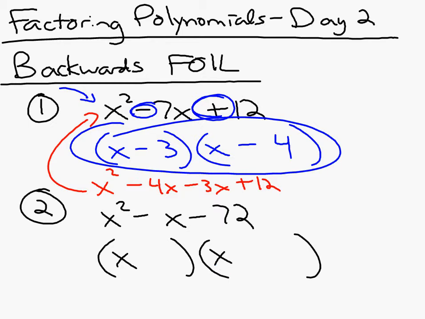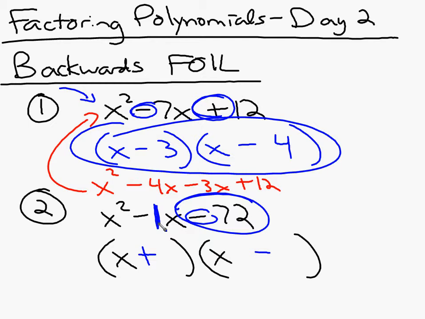Now, this time I have a negative 72. So doesn't that mean one of these has to be a positive, the other one has to be a negative? Right? Now, I need two numbers this time that multiply to get 72, but have a difference of 1. 9 and 8, isn't it?